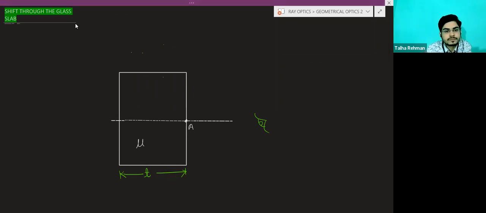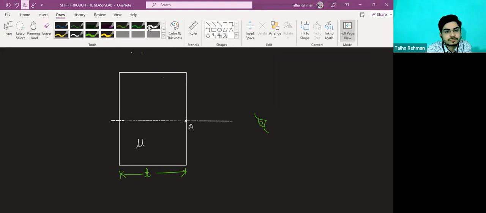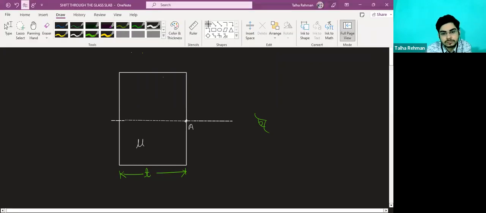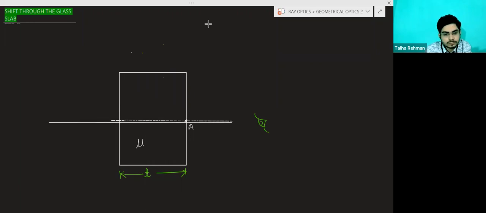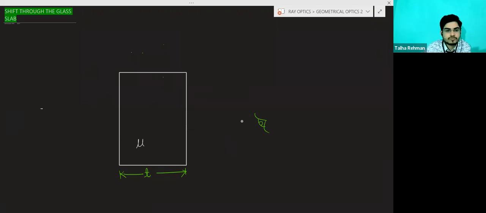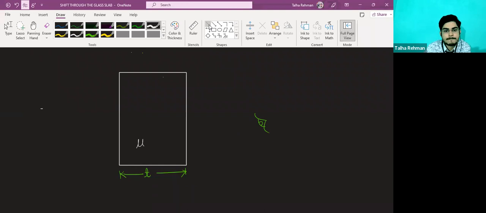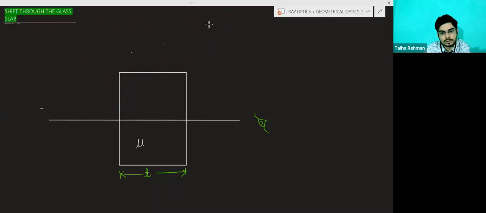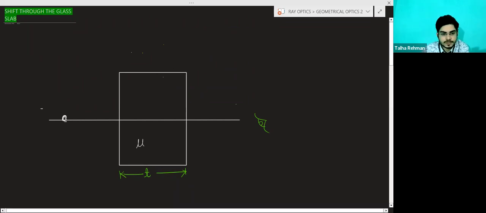Here is the observer, here is one object.